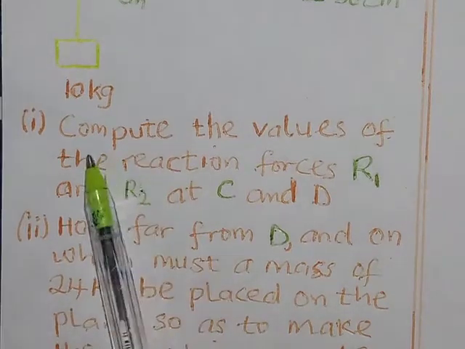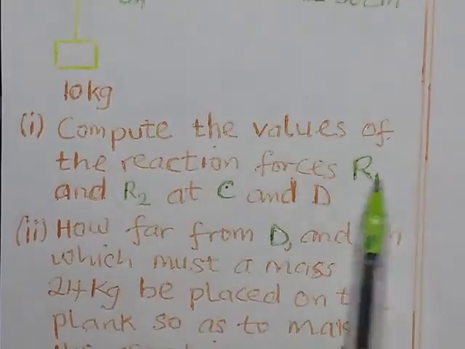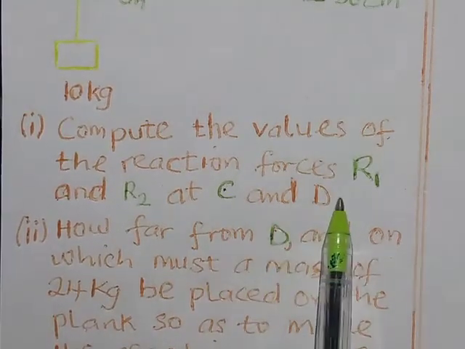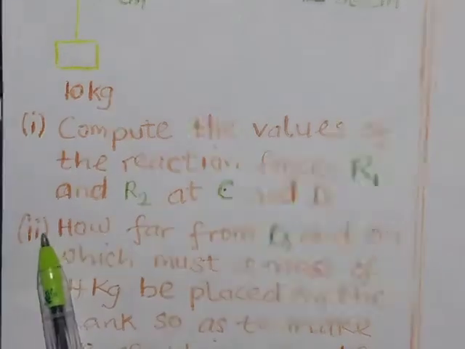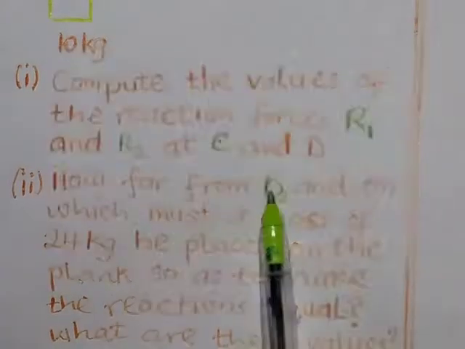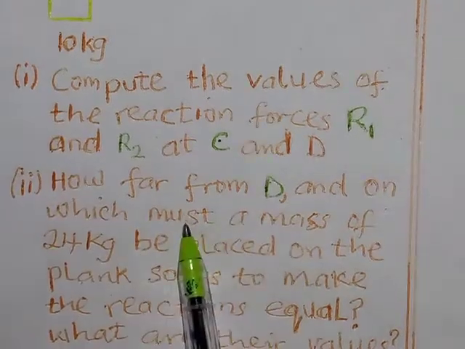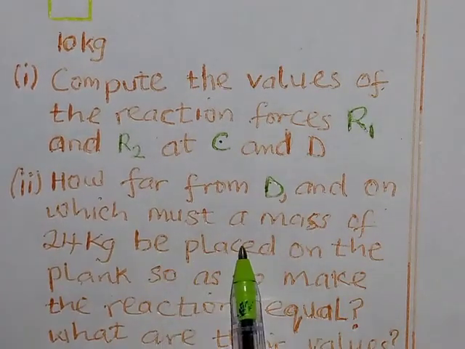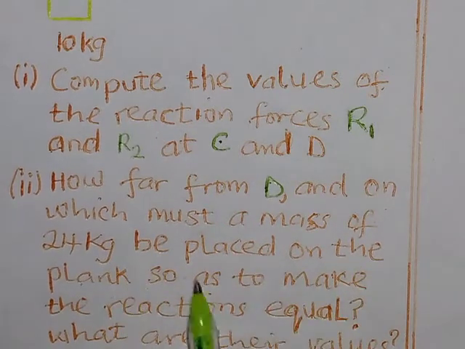So we have to compute the values of the reaction forces R1 and R2 at C and at D. Two, how far from D and on which side should a mass of 24 kilograms be placed on the plank so as to make the reactions equal.